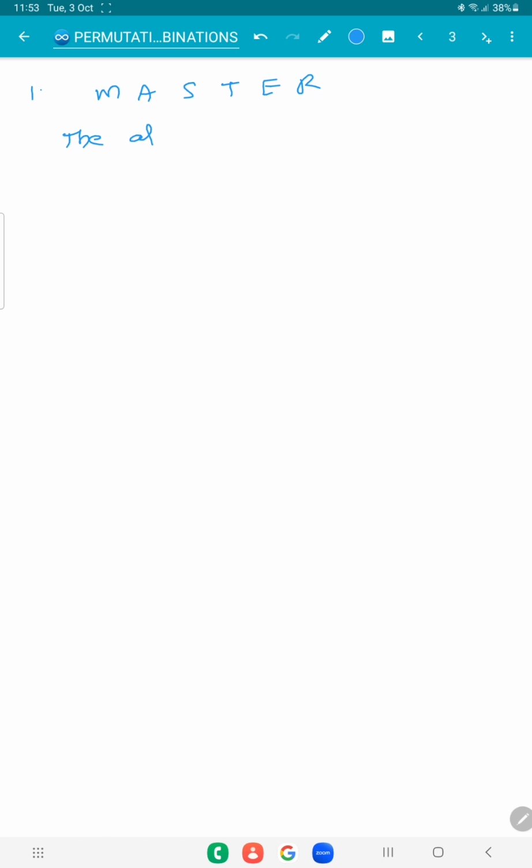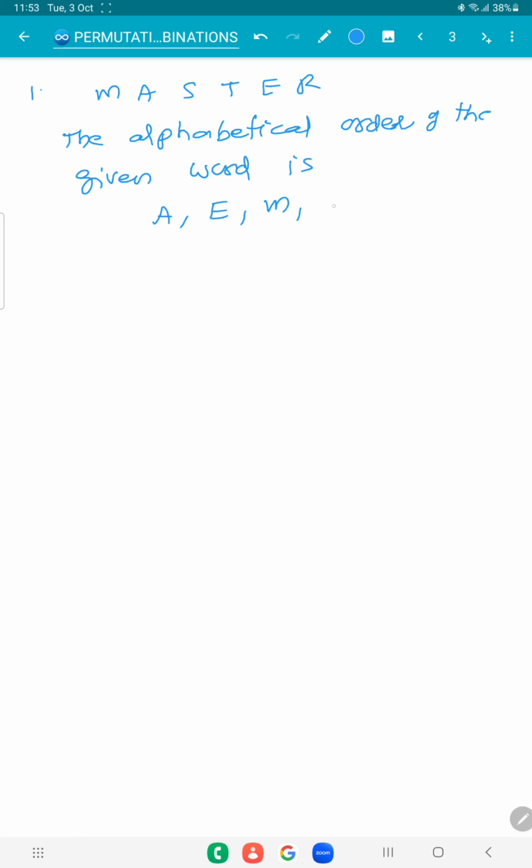The alphabetical order of the given word is A, E, M, R, S, T. This is the alphabetical order.